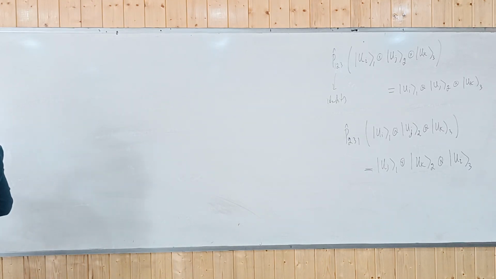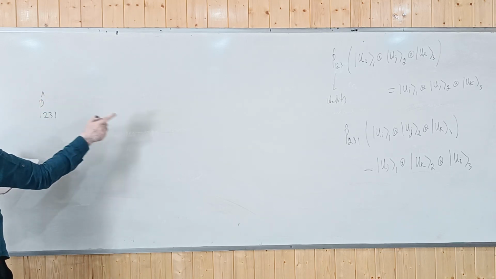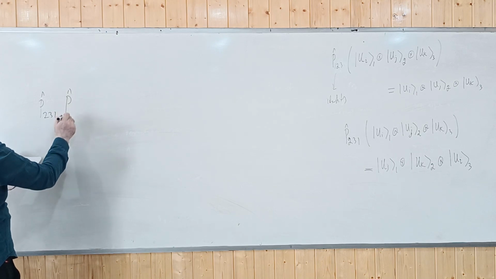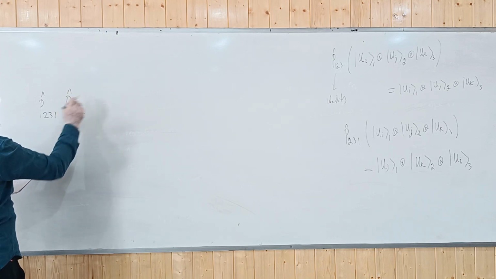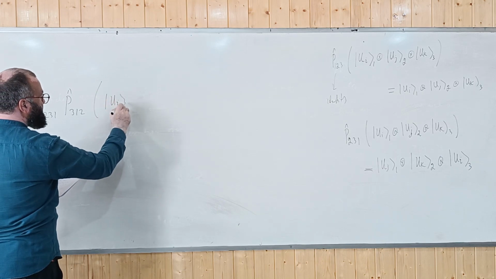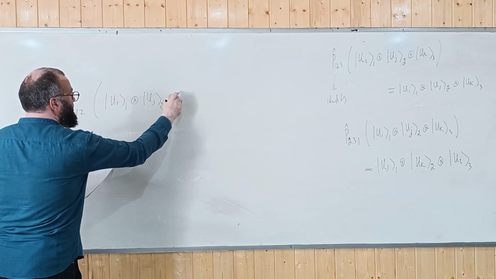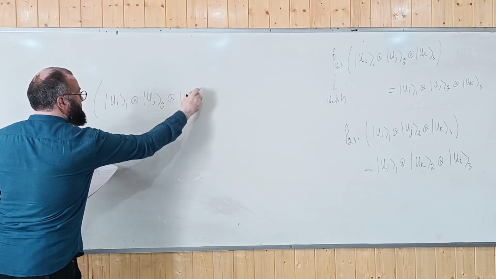So let me take this operation, P231, the same one, and let me have P312. Let's apply it on this. You are having ui at first place, uj at second place, uk at third place.